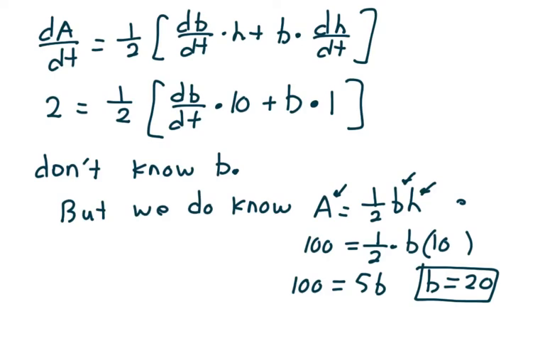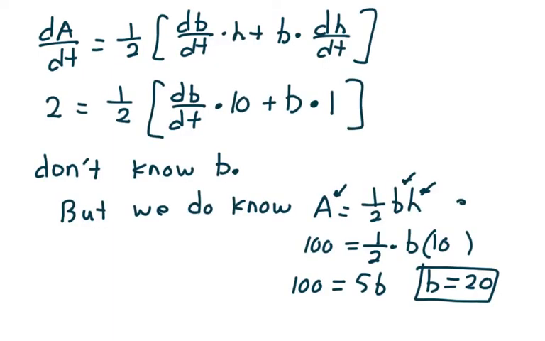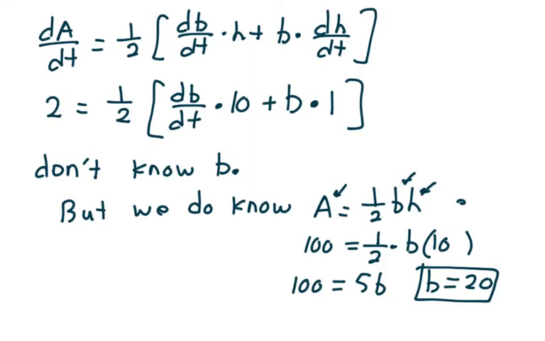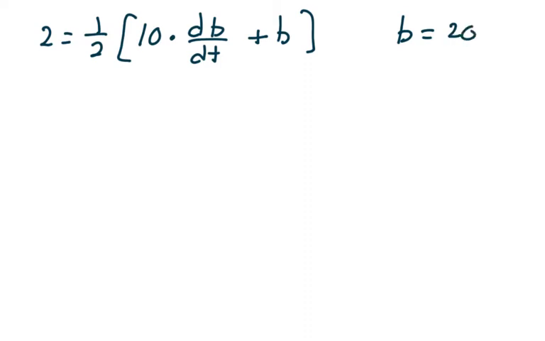So I'm going to come over here, and I'm going to write the following. I'm going to write 2 is 1/2 of, this is 10 times dB dt, plus b. But remember that b, we just solved it. B is 20. So I'm going to put that in, and I'm going to distribute the half. So 2 is, now half of 10 is 5.